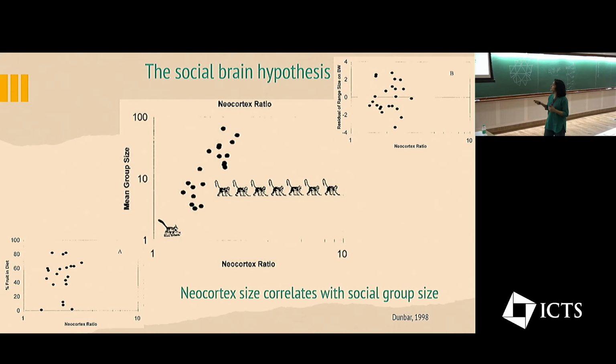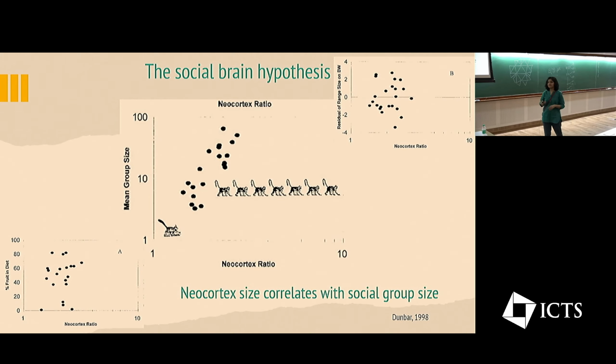So this was to rule out these alternative hypotheses that could have potentially contributed to primate brain size evolution, which was the foraging theory, which said that it's the foraging habits of these animals that led to bigger brains, or it could be the spatial navigation abilities.